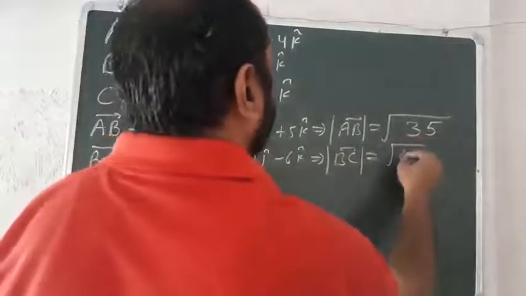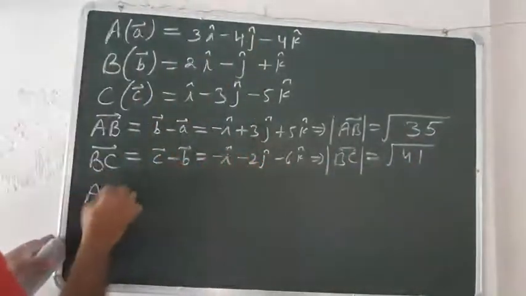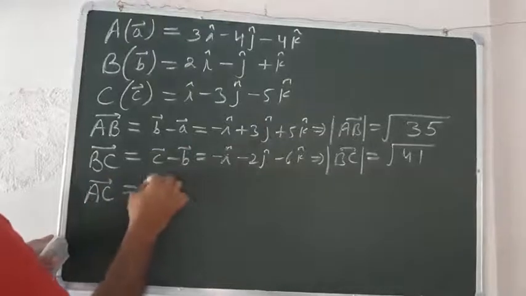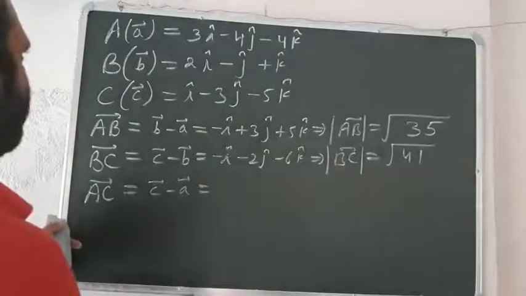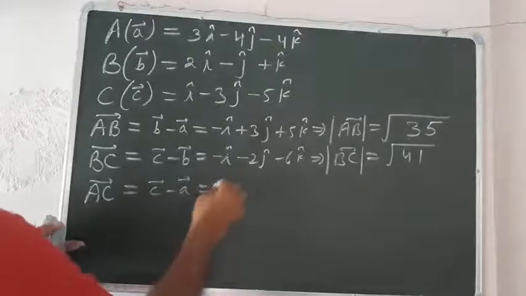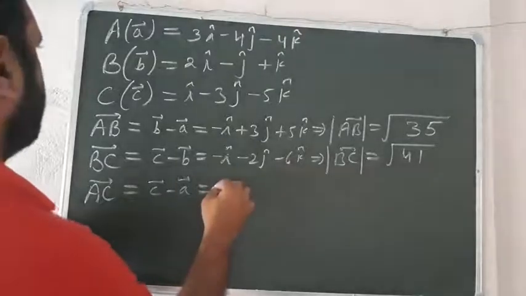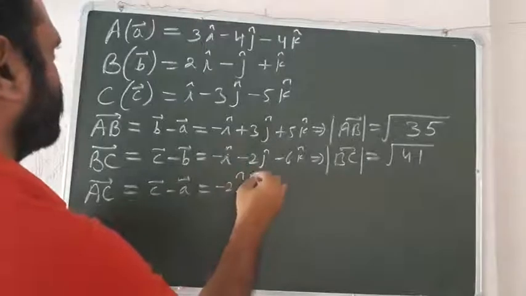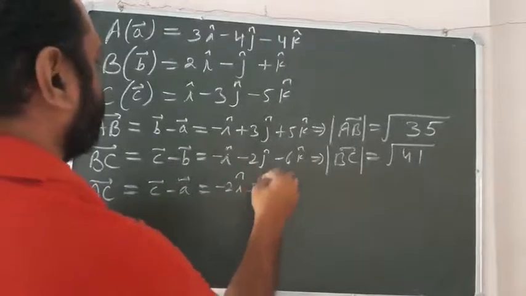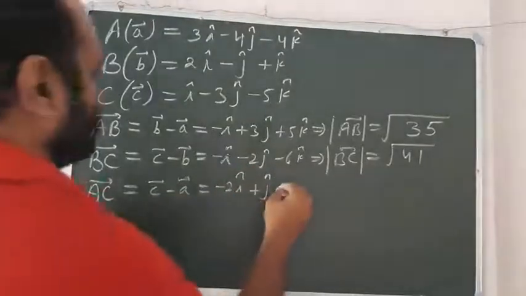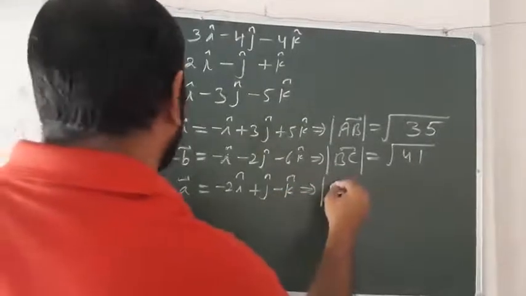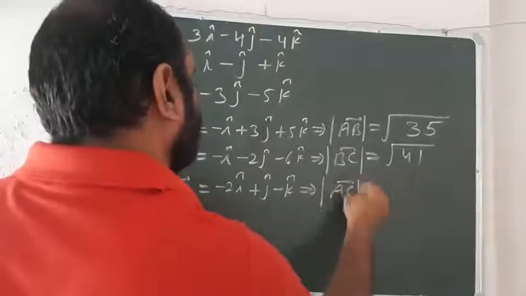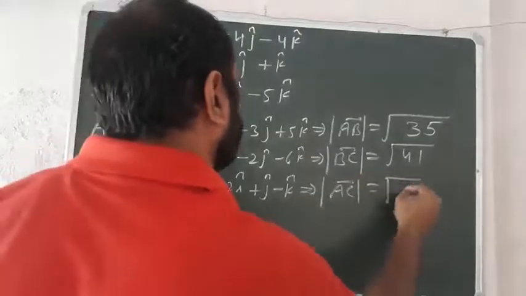Its magnitude is root 41. Similarly, the value of AC vector is C vector minus A vector. We can find CA also, or AC. So this is minus 2I cap plus j cap minus k cap, and its magnitude is equal to root 6.